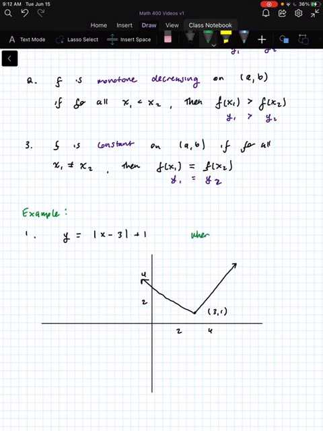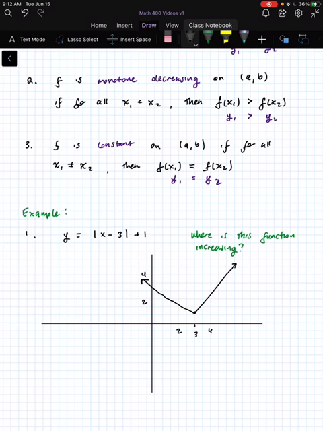But where is this function increasing? Well, let's examine the graph of this function. We say a function is increasing if for any two values in that interval, the corresponding y values have to be ordered in the same way.